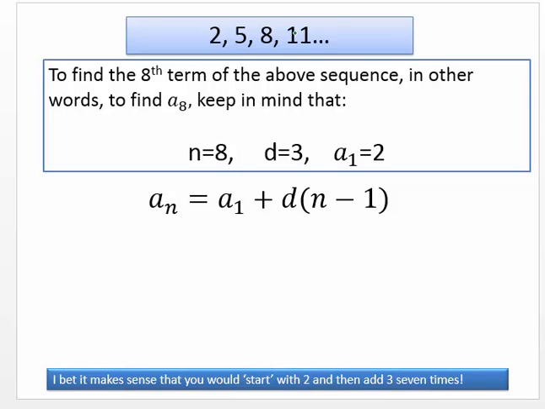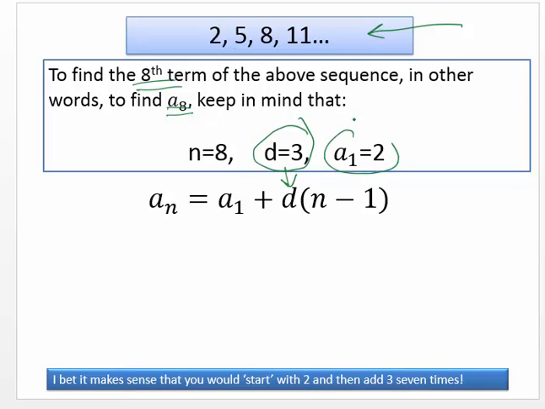So let's use the formula. Let's take a look at this sequence here and then use the formula to find the 8th term of this sequence. In other words, find A sub 8. Well, if you look at the sequence up there, you'll notice that it differs by 3 each time. So the common difference is 3. So D equals 3.